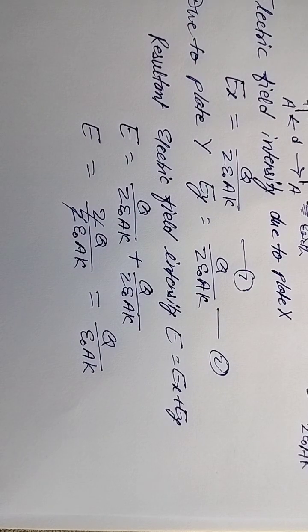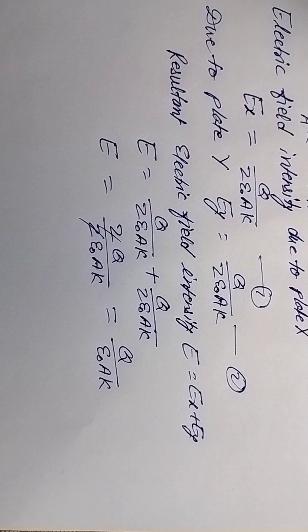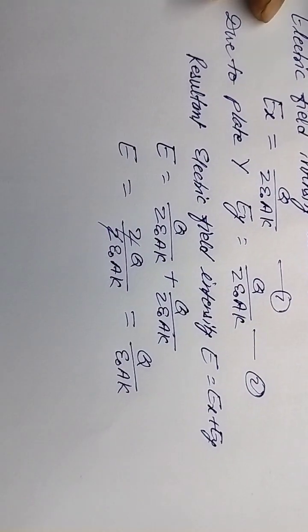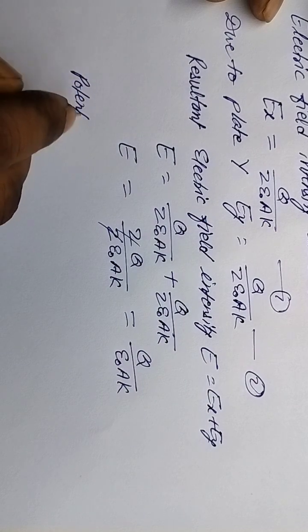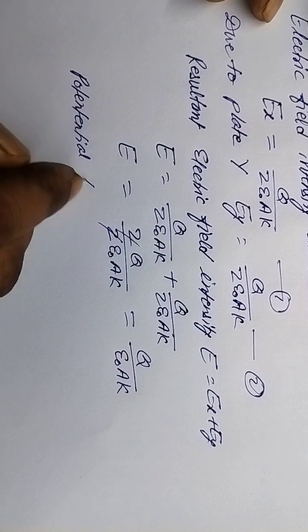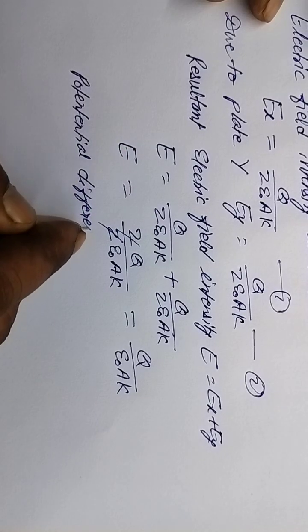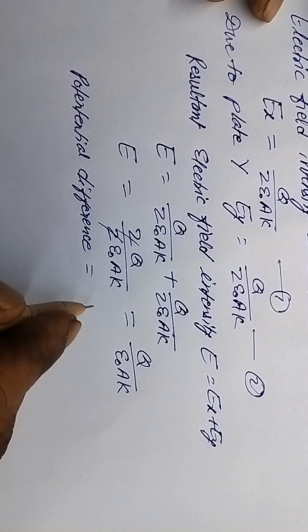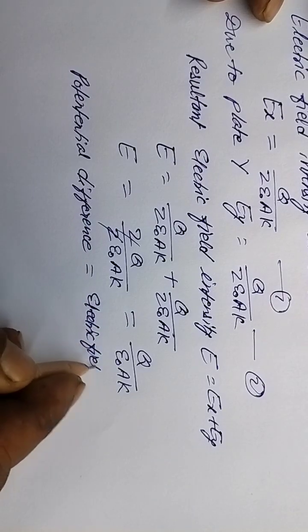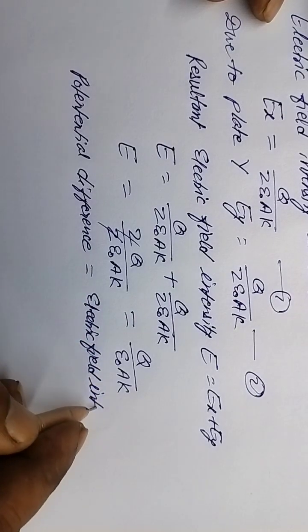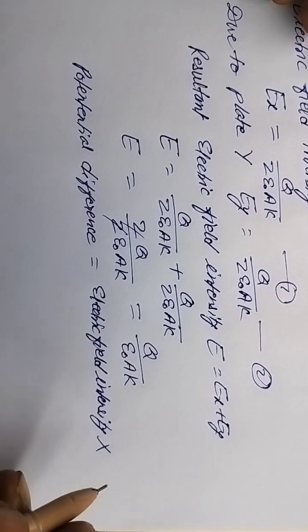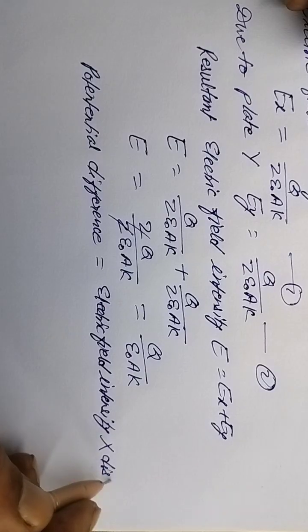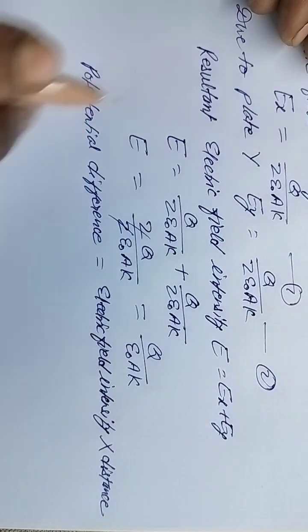Now the potential difference between these two plates. The formula of potential difference: potential difference is equal to electric field intensity multiplied by the distance between these two plates, that is d.